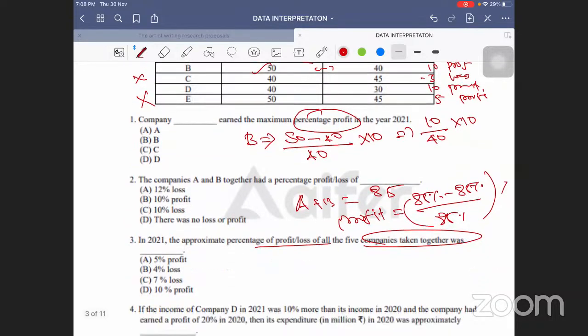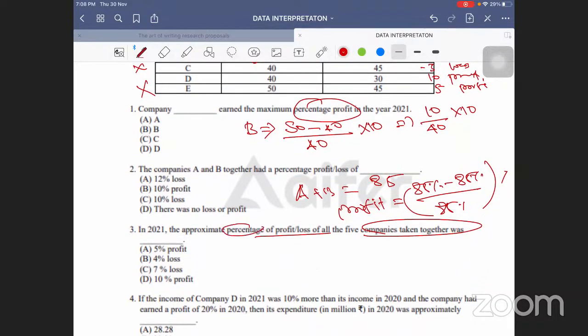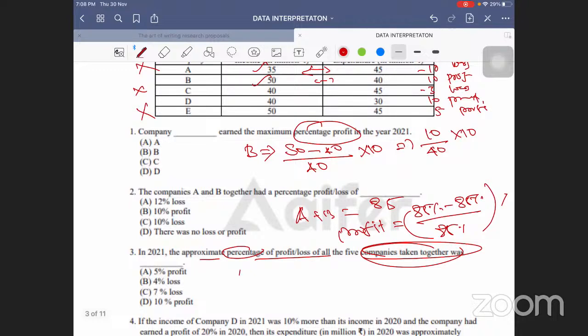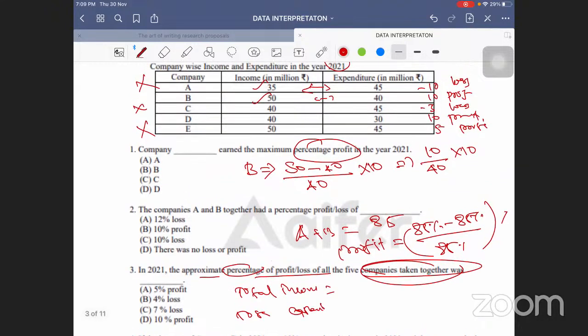They are asking the average percentage approximately for the 5 companies, so we add the total income and total expenditure. The total income is 215, and the total expenditure is 45, 30, 35, 40, 55.